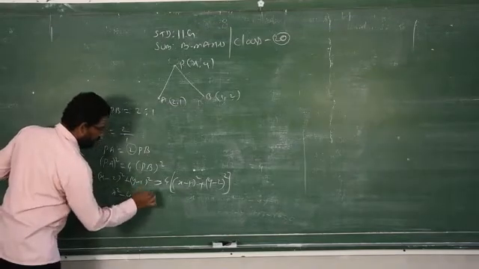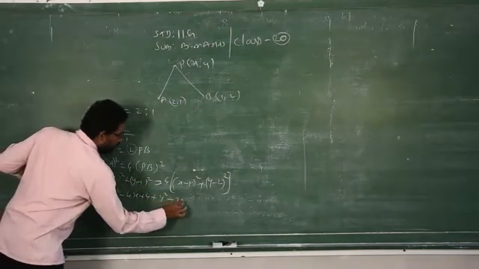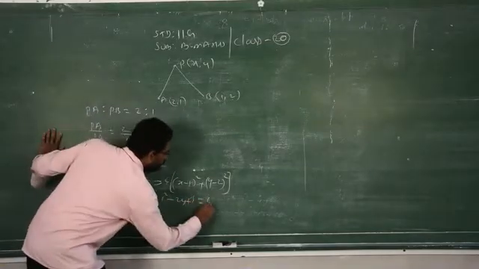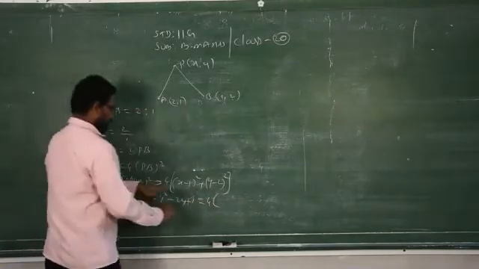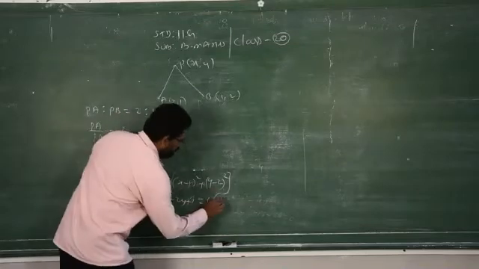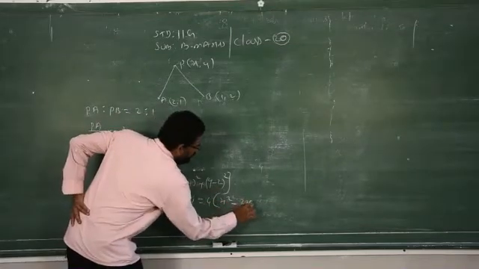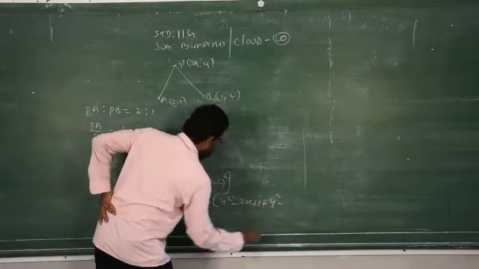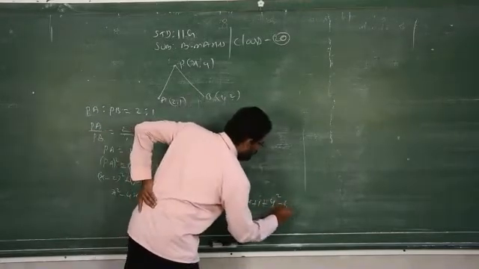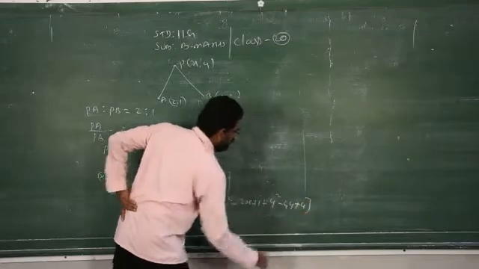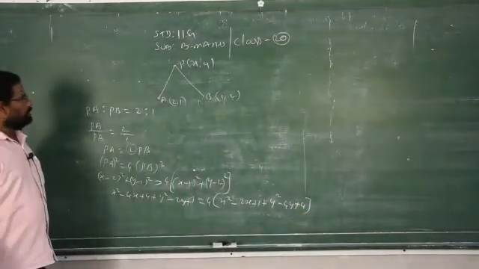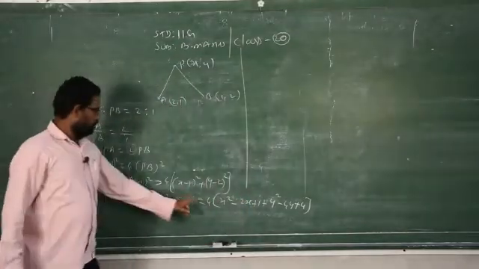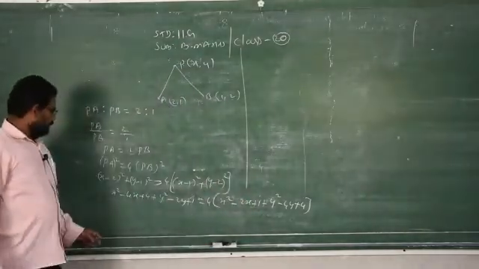In the same way, (y minus 1) squared is a square minus 2ab plus b square, and the right side is equal to 4. Inside the bracket you have to expand. So now you have to take 4 inside the bracket. Clear?